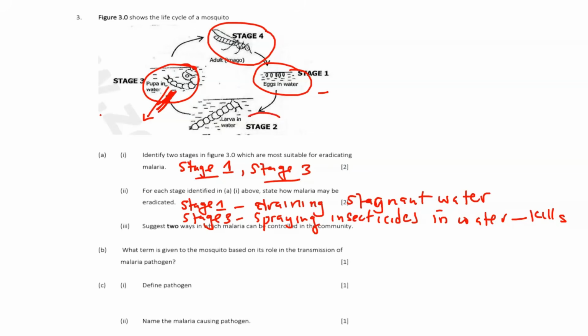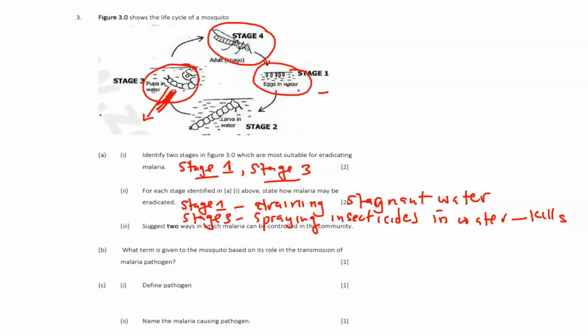Of course, even 2 is suitable, because whatever you do with 1 and 3 equally applies to stage 2. Like spraying of insecticide, it also kills this stage. So that's why I said 1 and 3.